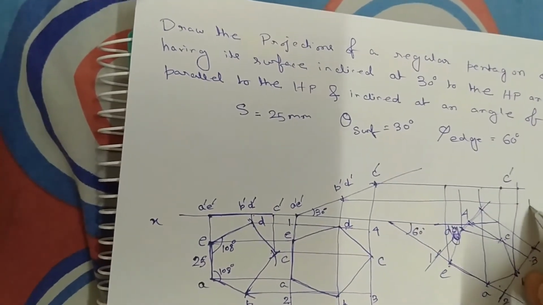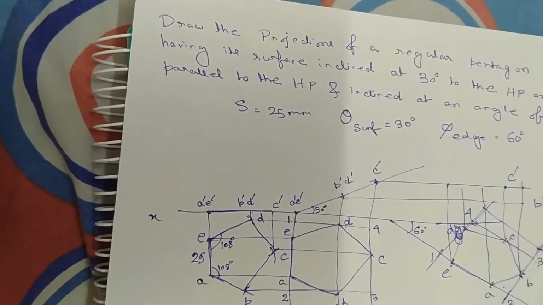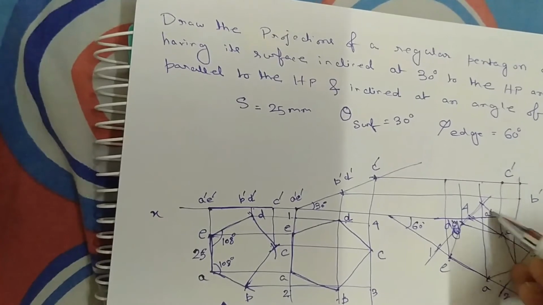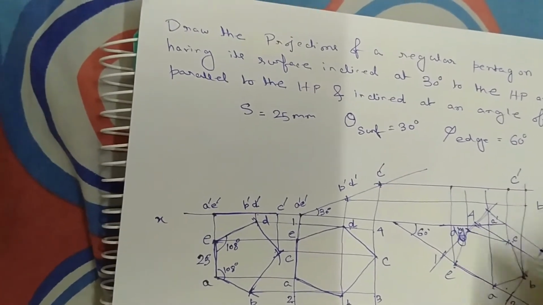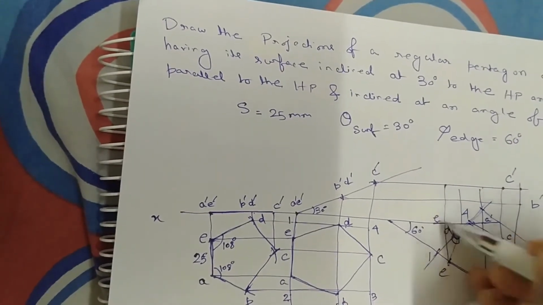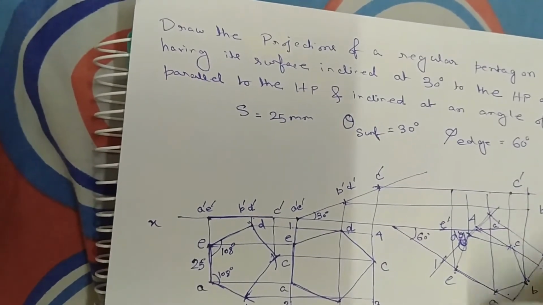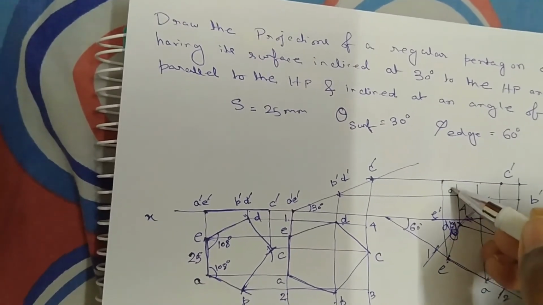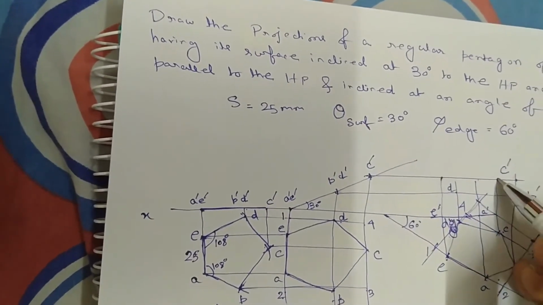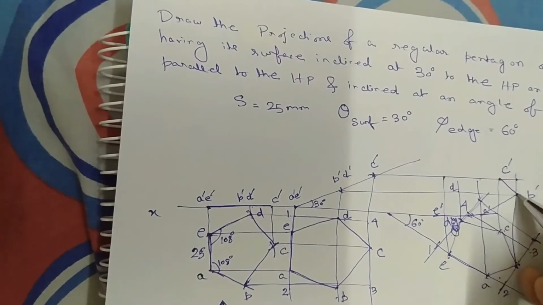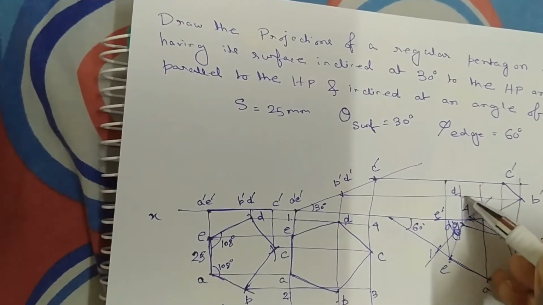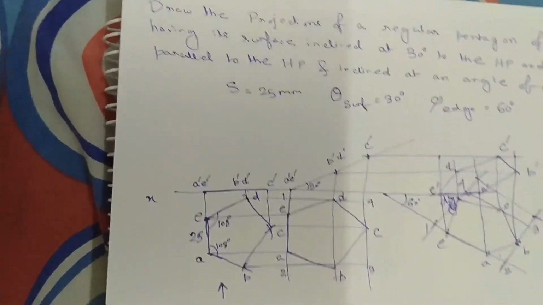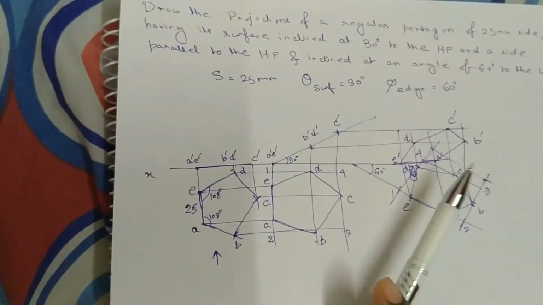This is your B dash. This is your A dash. This is your E dash. And this is your D dash. If you join all those things, you will get final figure.